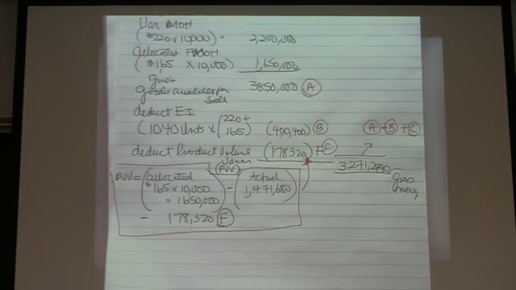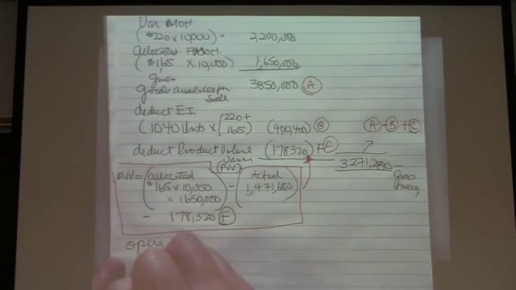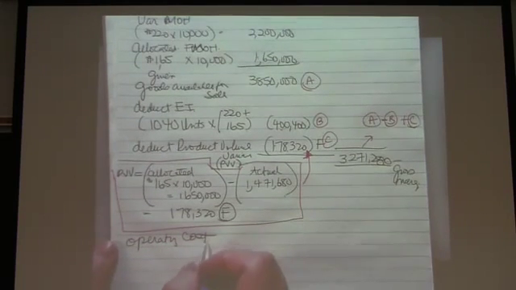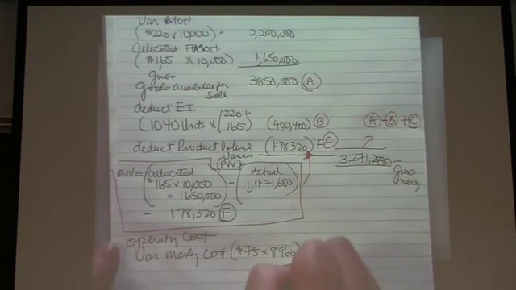Now, we're going to take a look at the operating cost. First we have variable marketing cost. Variable marketing cost was $75 times 8,960 units to give us 672,000.